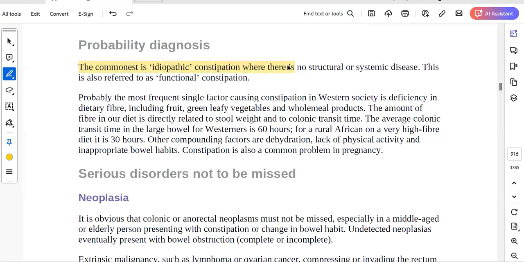So what is the commonest cause of constipation? The commonest cause is functional or idiopathic constipation, which means there is no known cause. It just happens. And most of the time, the lack of dietary fiber, lack of fruits and veggies, is the main cause of constipation in Western countries.